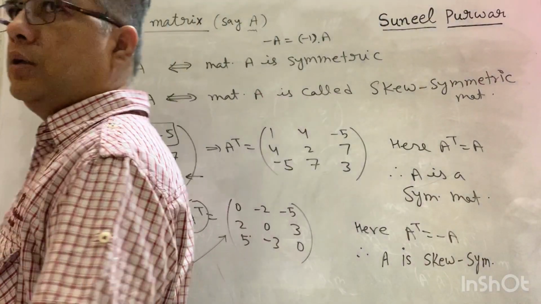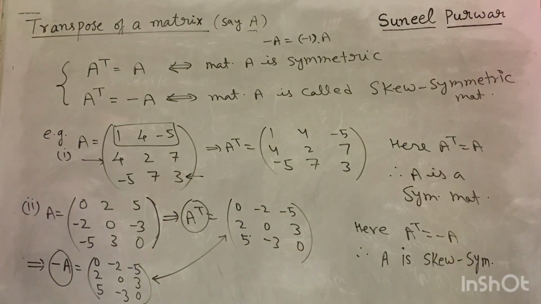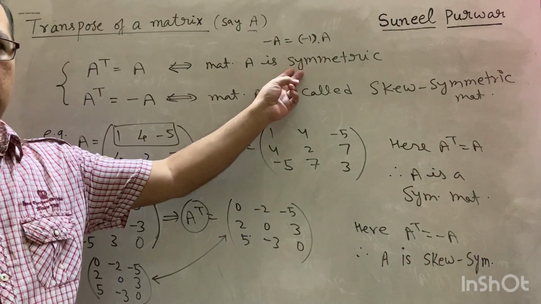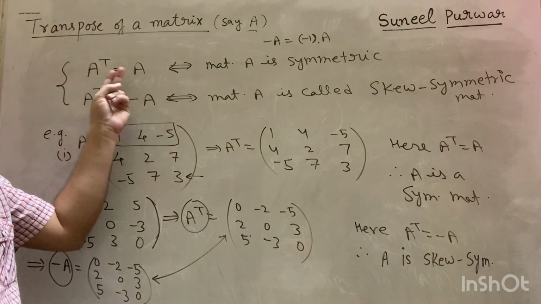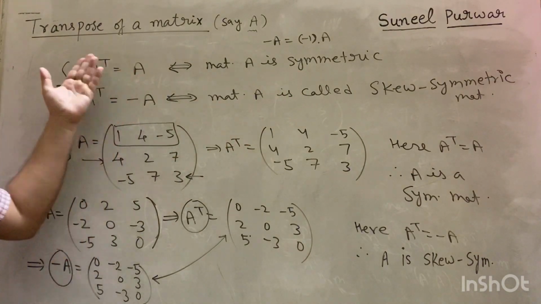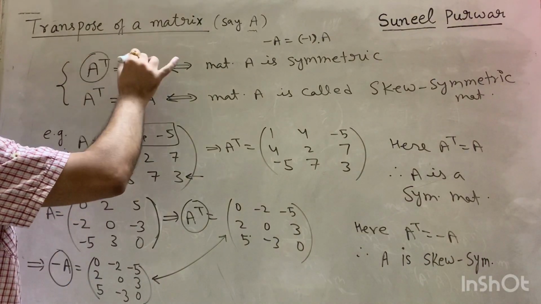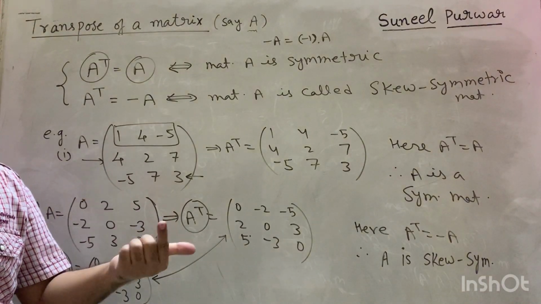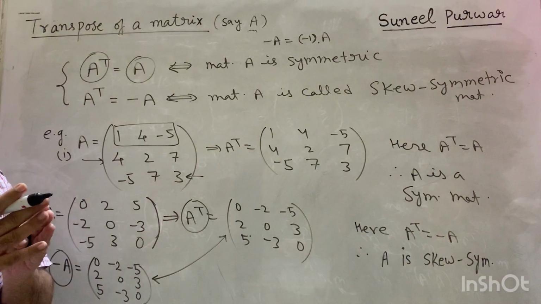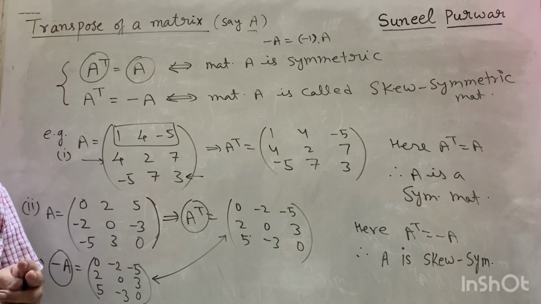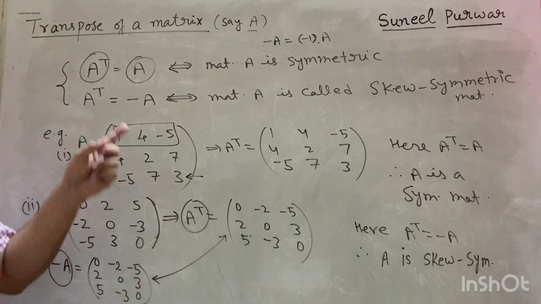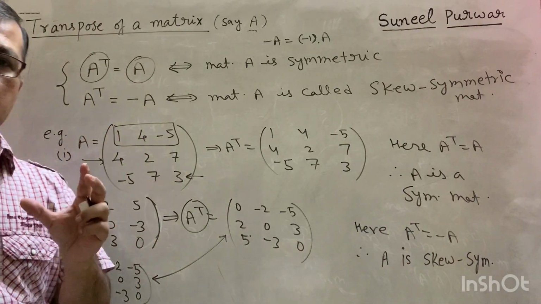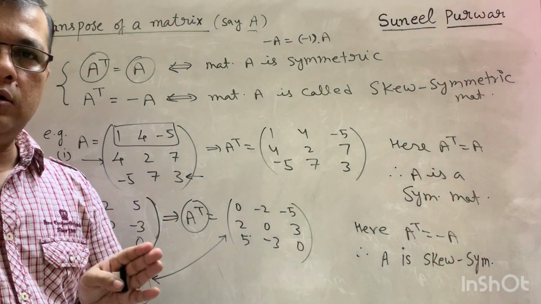Now, you can notice certain other things as well. For a matrix to be symmetric, A transpose and A both have to be the same. That means first of all, they should have the same size. In the beginning of the class, I had pointed out that a matrix and its transpose will be of the same size only when the matrix is a square matrix. So which kind of matrices are eligible to be symmetric or skew symmetric?